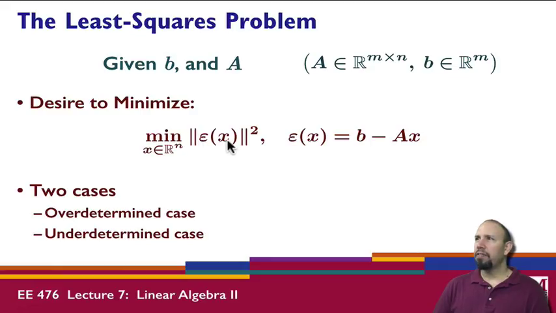We're basically trying to find an x that minimizes over all x in n-dimensional space the norm of that error squared. Remember when we talked about the norm being the square root of the inner product of x with itself: by taking the square, we can drop the square root sign, and that just makes things a little simpler.